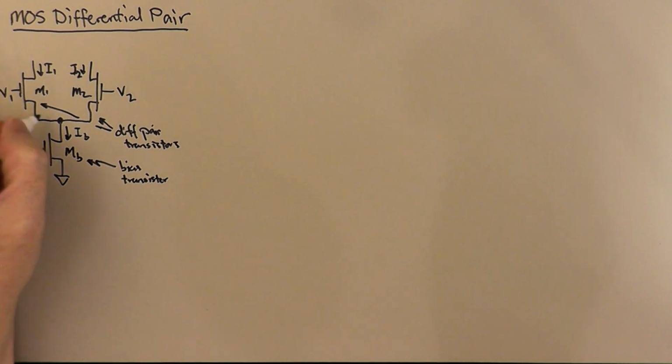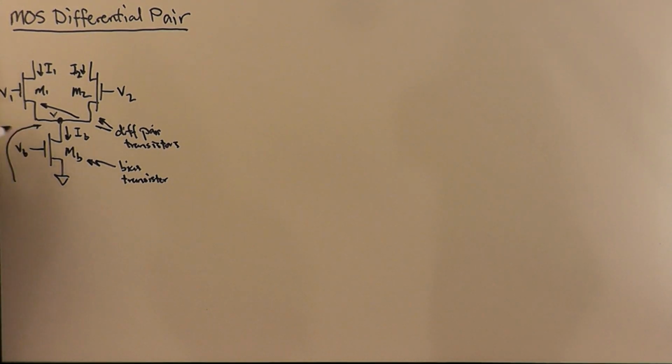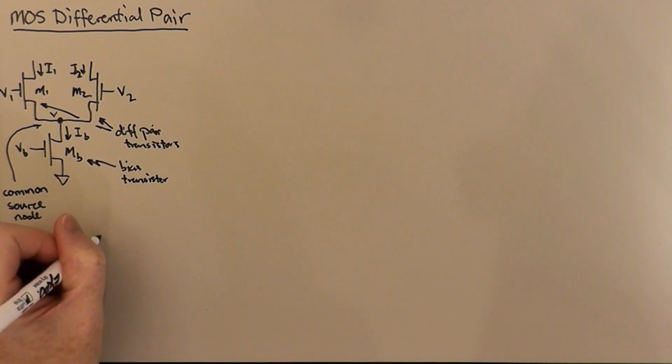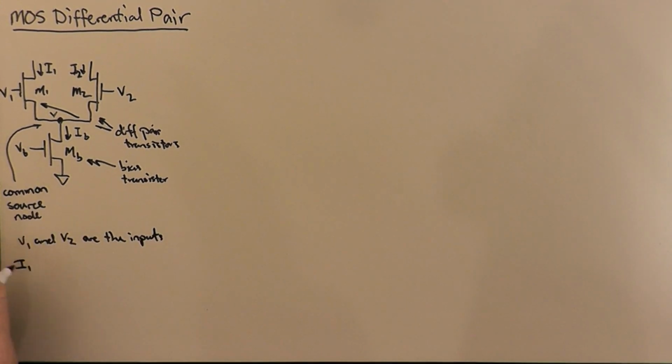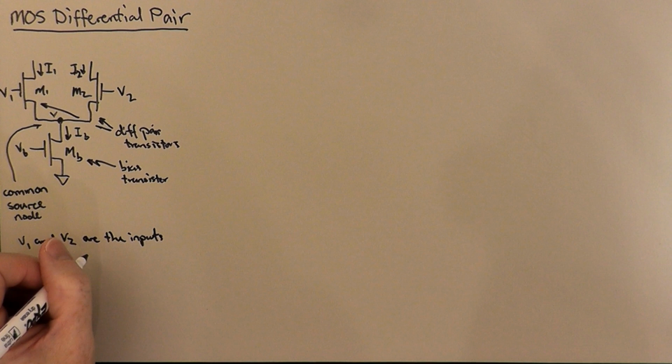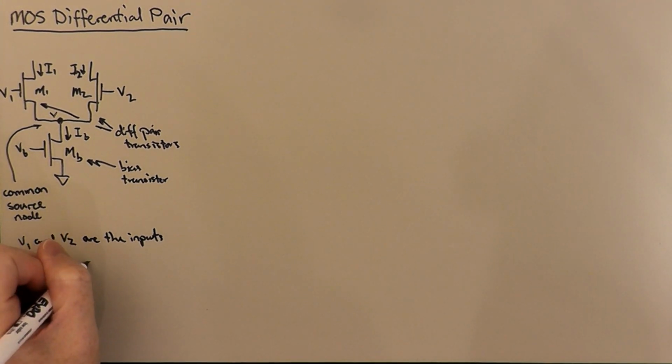And this node here, which we're going to call the voltage V, is called the common source node. And here V1 and V2 are the inputs. I1 and I2, the currents flowing into the drains of M1 and M2, are the outputs.